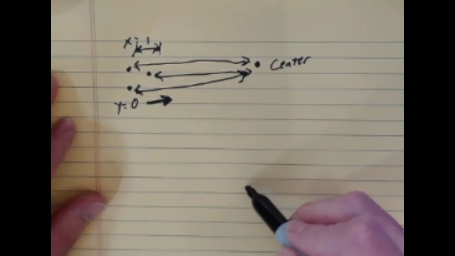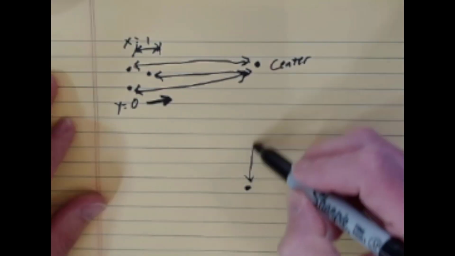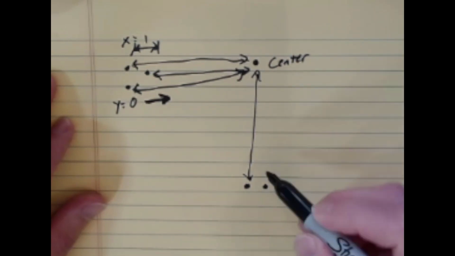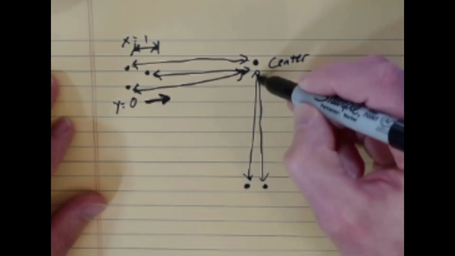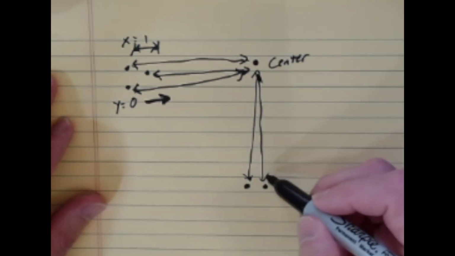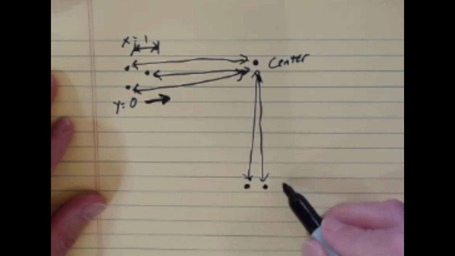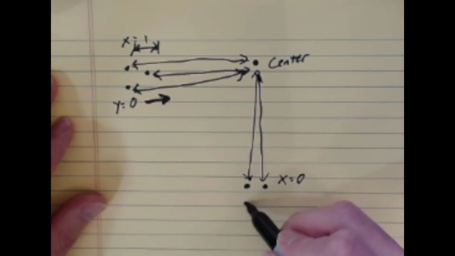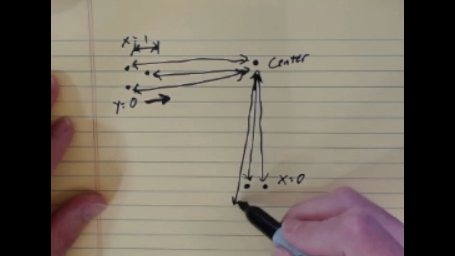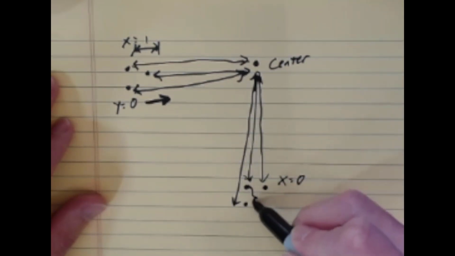Now let's look at a point down here. We calculate that distance. Then we look at a point to the right. We calculate that distance. And the distances here are the same, so our x is going to be 0. Now we look at a point down here. We calculate that distance and get the difference between those distances.